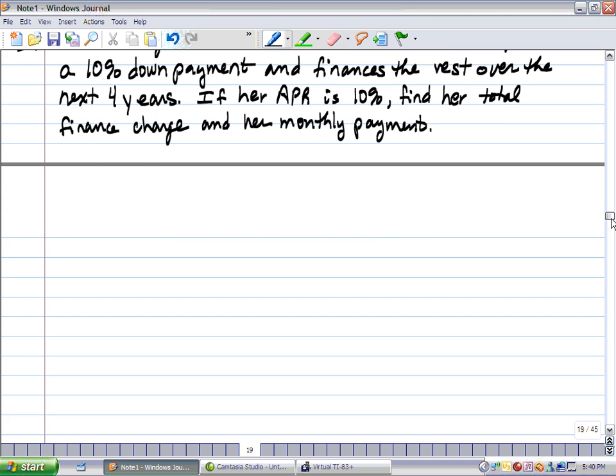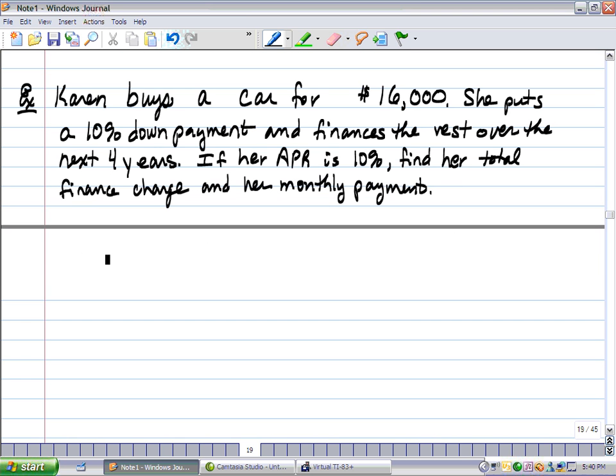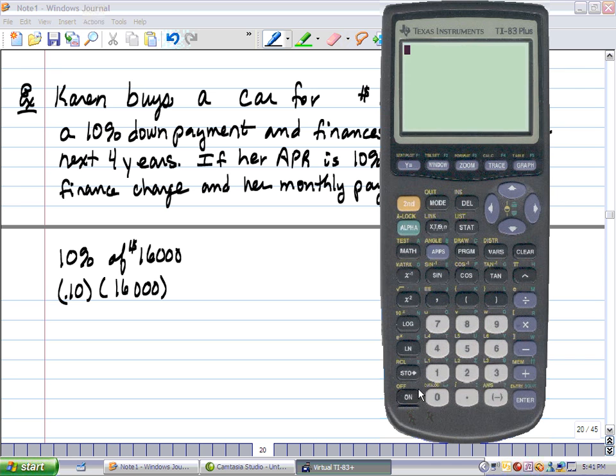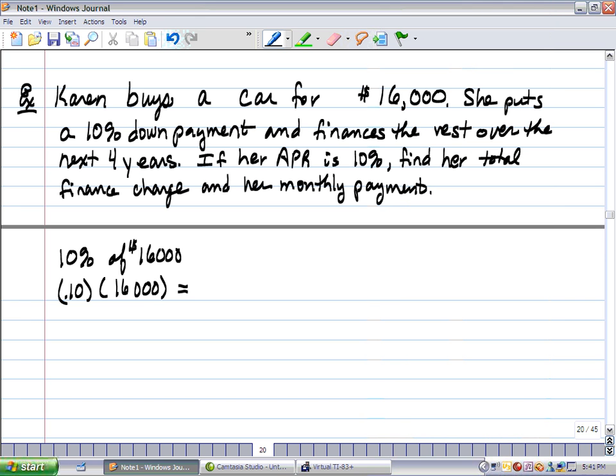Okay, so first of all, let's see how much money she's going to finance. The car costs $16,000. Her down payment is 10% of the $16,000. So that's going to be 0.10 times 16,000. And you may be able to do that one in your head, but let's go ahead and work it out. 1,600.